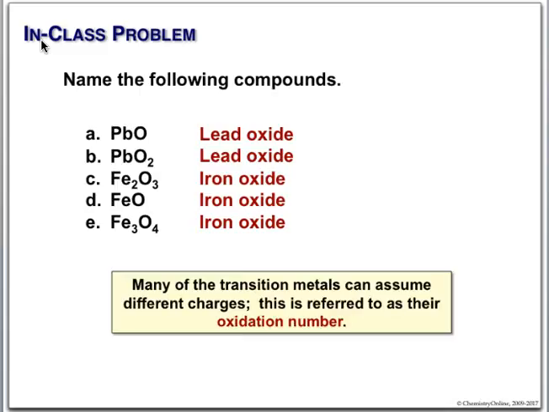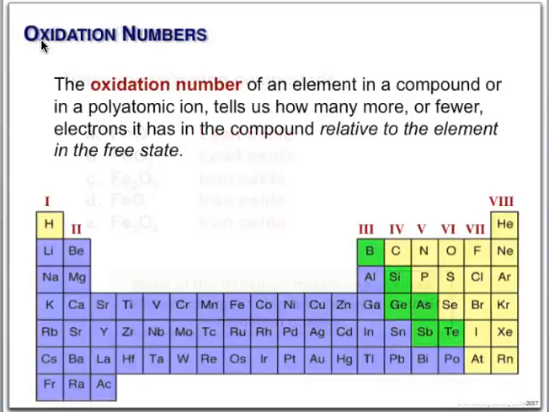But these differ because of their oxidation number. Now, what's oxidation number? You look at the element in the periodic table, and you ask if the element you're working with has more or fewer electrons. That's the same thing as charge, isn't it?